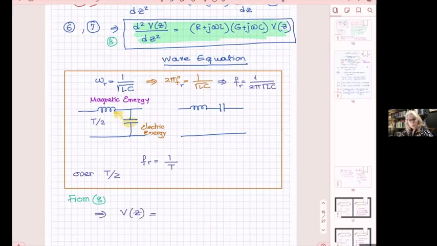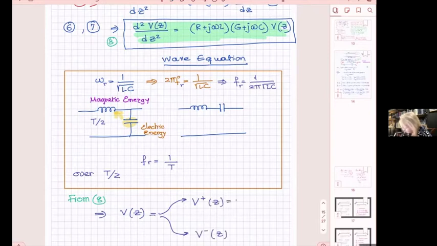The solution to this wave equation is known to us. And the solution to this wave equation has two possibilities. So it has two possible solutions. One is what we call the V plus, and the other is what we call the V minus. And I will explain those.